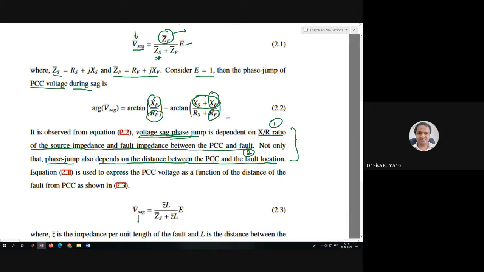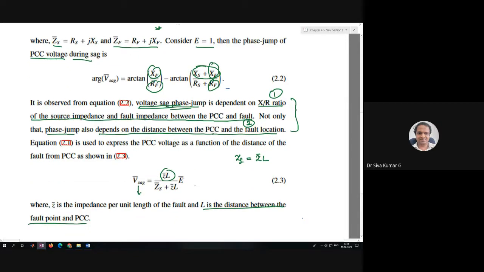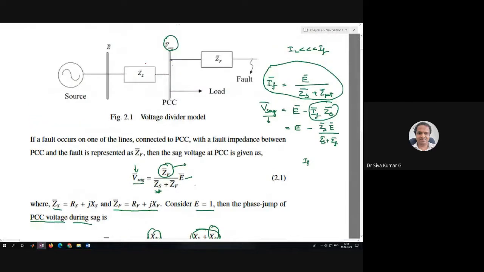The magnitude, you can see here, also depends on the distance between the fault point and the PCC. This ZF, the fault impedance, is represented as ZS, the per unit impedance, times the fault location. Okay, this is about the sag voltage.